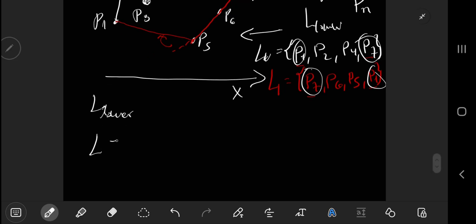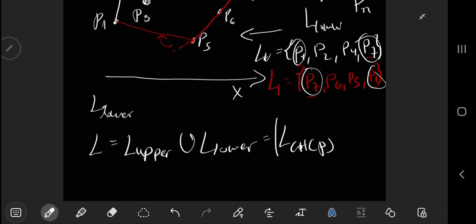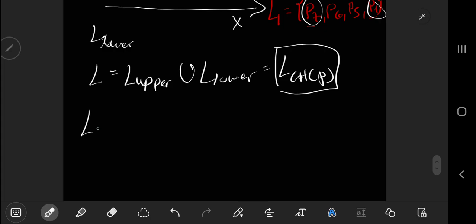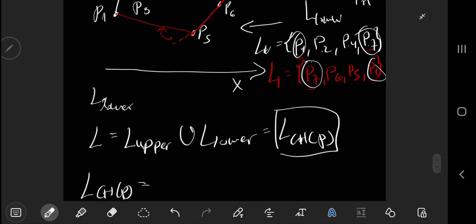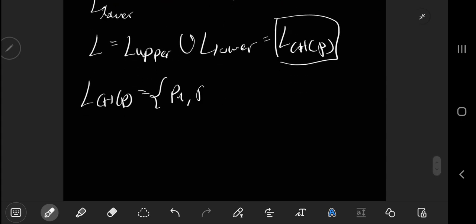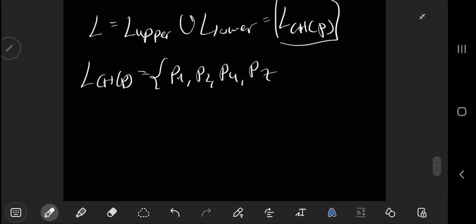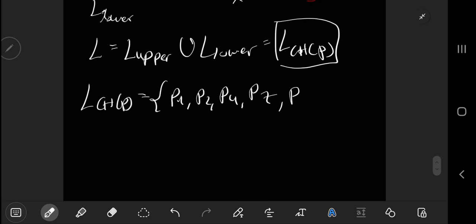So now the L, which will contain all the vertices in the convex hull, will be a union of L upper unite with L lower, and we get the L of the convex hull of our set of points, which is P, which we can say the convex hull of P, the L just contains, let's do it, P1, P2, P4, P7, and P5, P6.